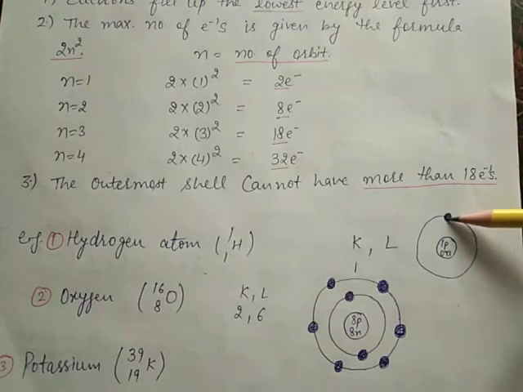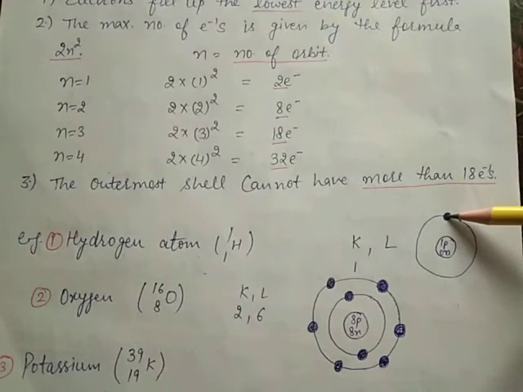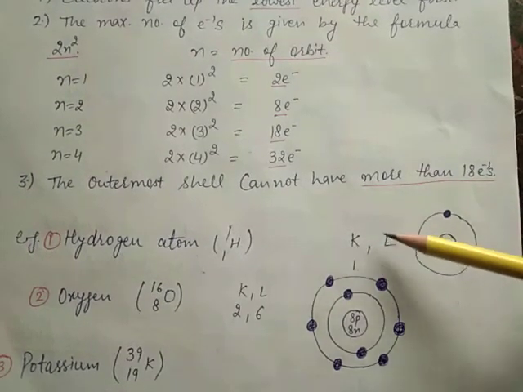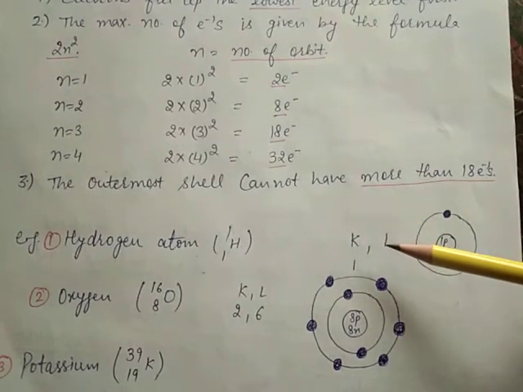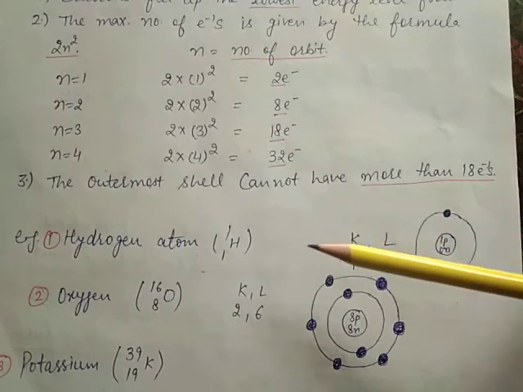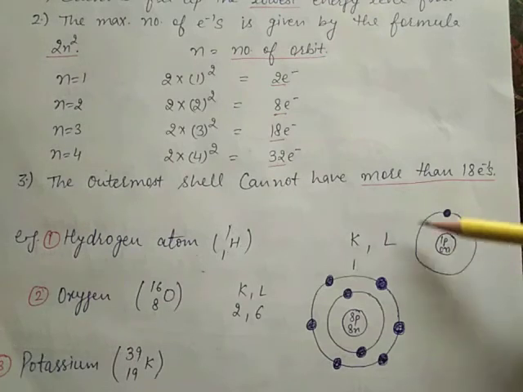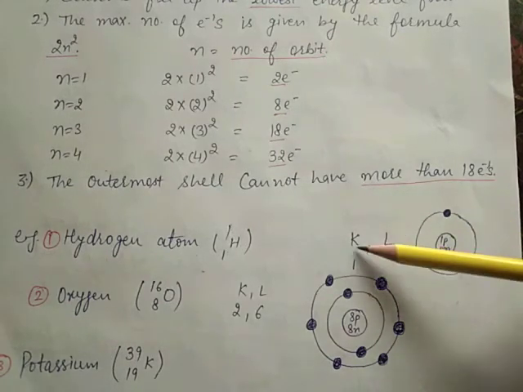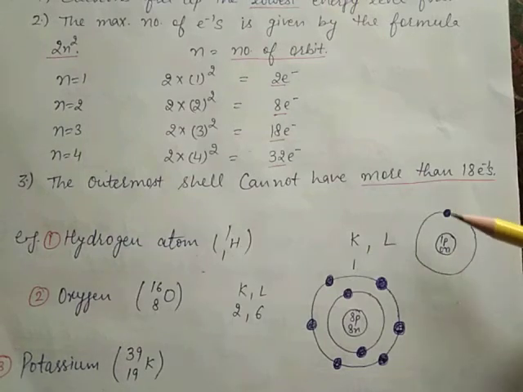In the K shell only 1 electron, so here you will show 1 electron. This is the electronic configuration of the hydrogen atom. This one electron goes to the lowest energy level, so this is the K shell, and here we put this electron.